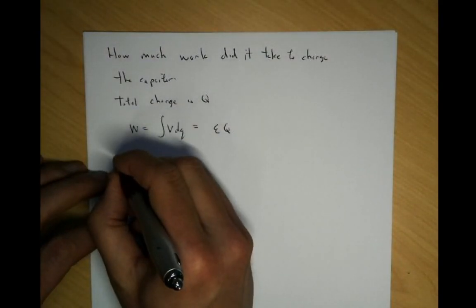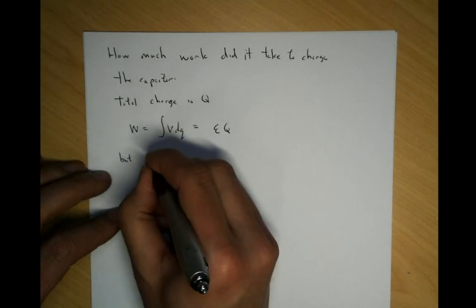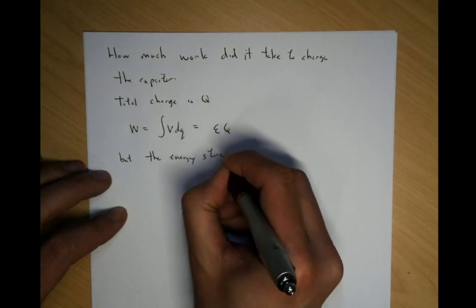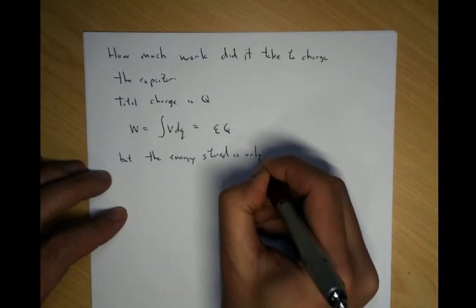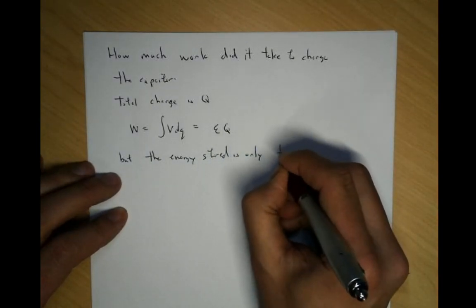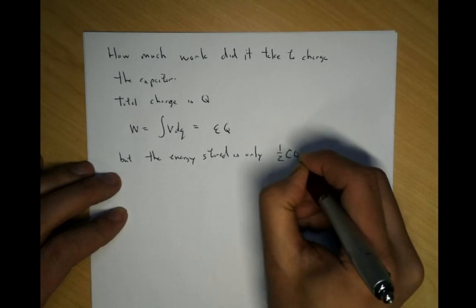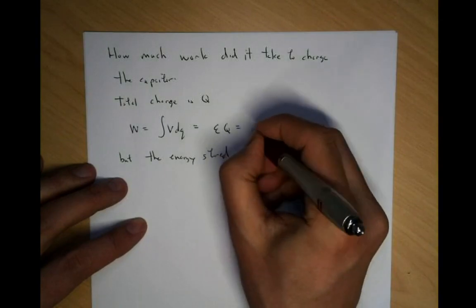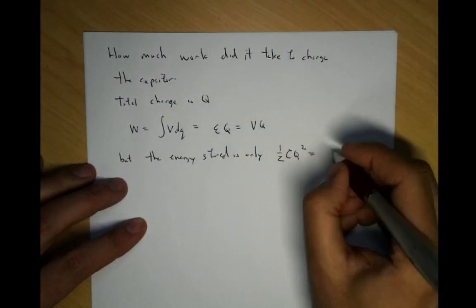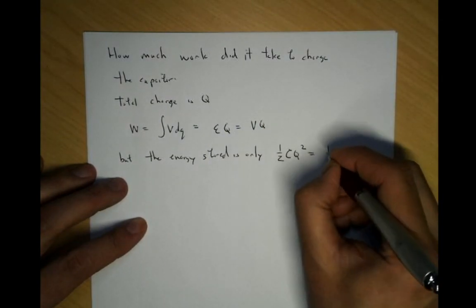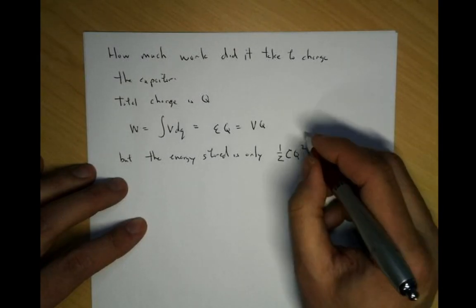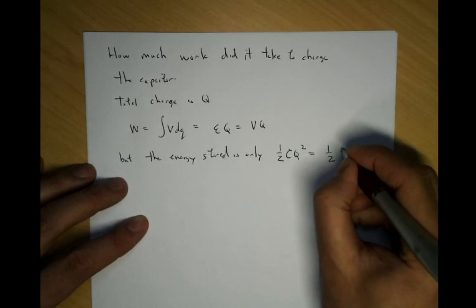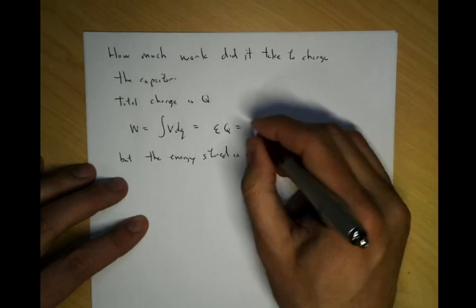But interestingly, the energy stored is only 1/2 CQ squared, which I'll call V times Q. This is going to be 1/2 C times Q, and Q over C is just V, so it's 1/2 Q times V. So there's a 1/2 difference between these two statements.